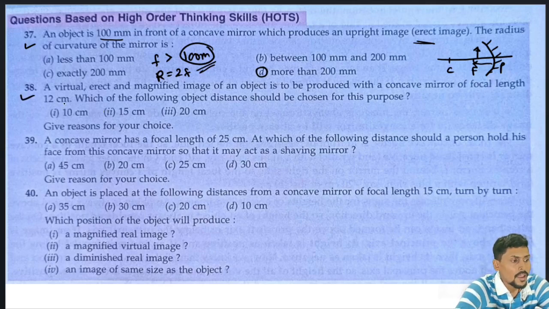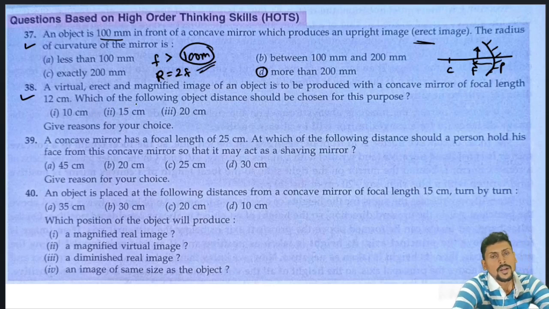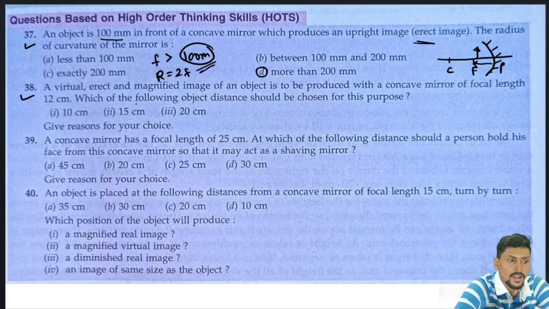Next question. A virtual, erect and magnified image of an object is to be produced with a concave mirror of focal length 12 cm. So we have a concave mirror whose focal length is 12 cm, and we want to form a virtual, erect and magnified image. Which of the following object distances should be chosen for this purpose?